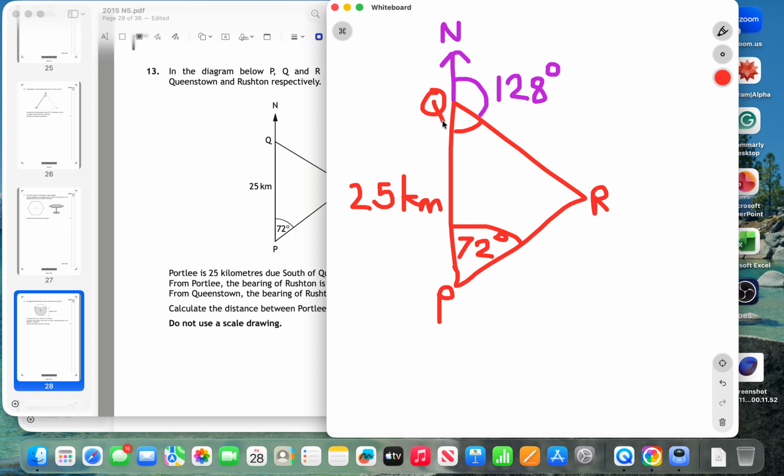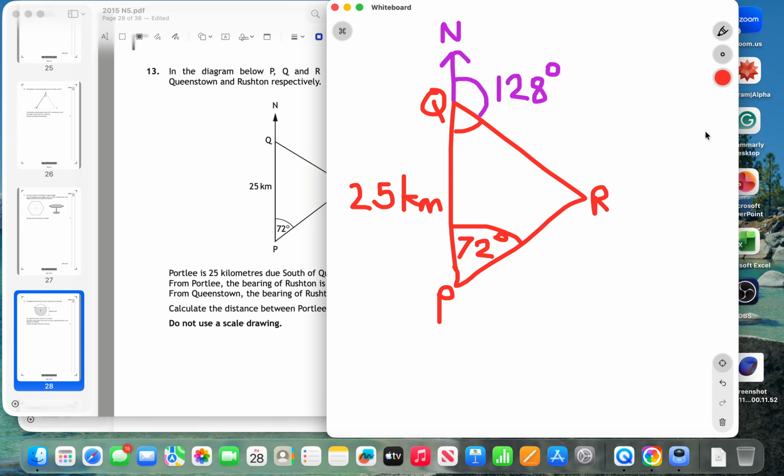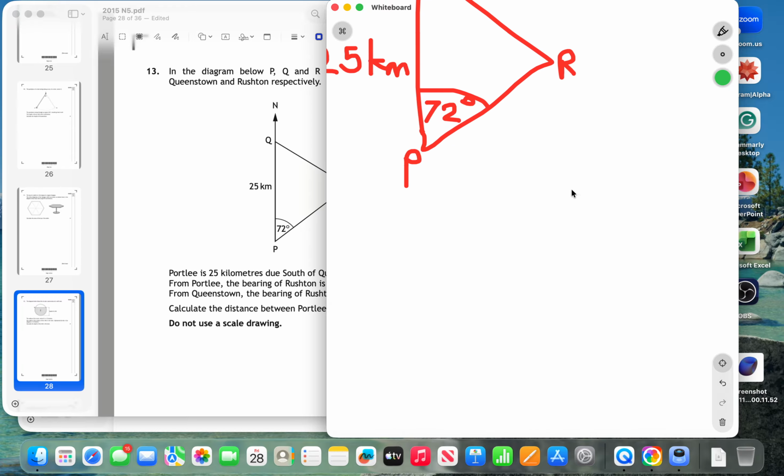I will explain how to label the sides in a second, but it says that Portley is 25 kilometres due south of Queenstown, and what it means if it's due south is that the bearing is 180.